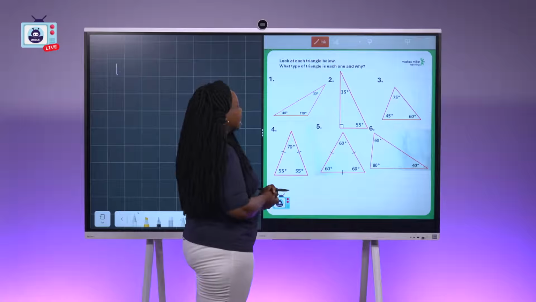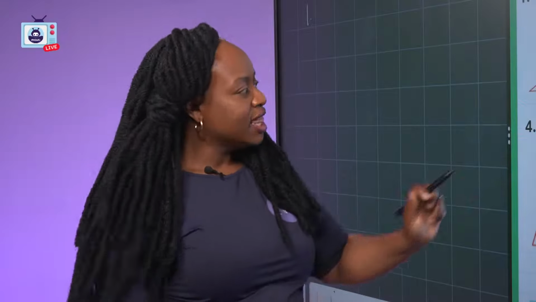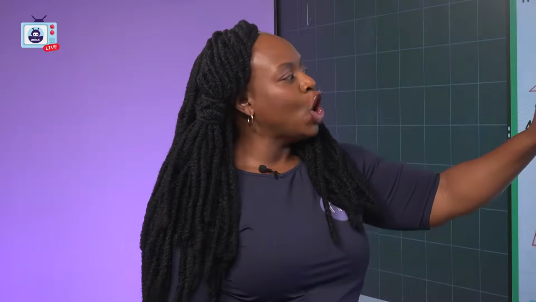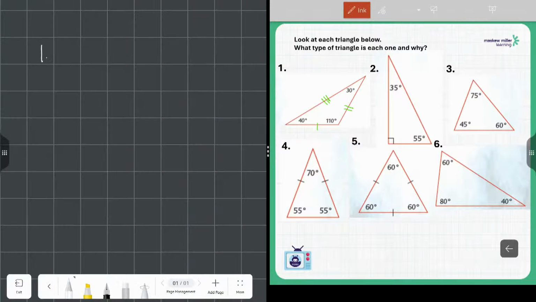Remember we said a scalene triangle is a triangle where the sides are not equal, and also the angles are not equal. You can see we have 30 there, 40 here, and 110 there. That simply shows that the angles are not equal and the sides are not equal. So this is a scalene triangle, right?